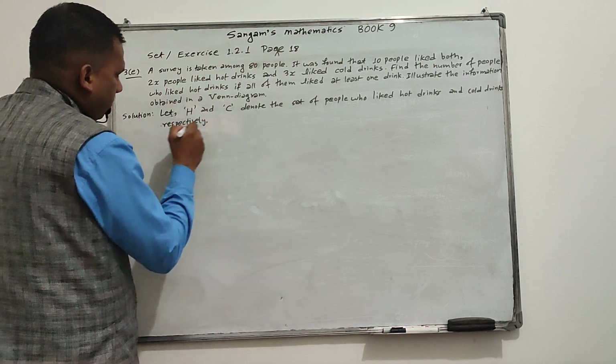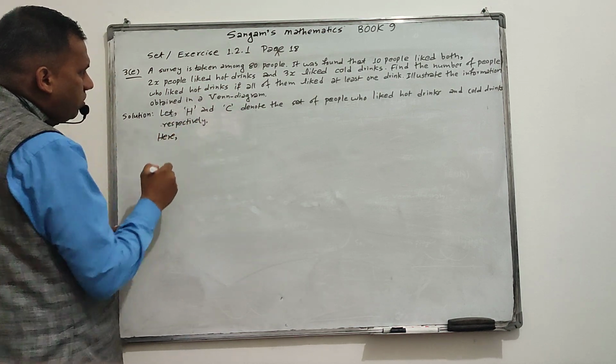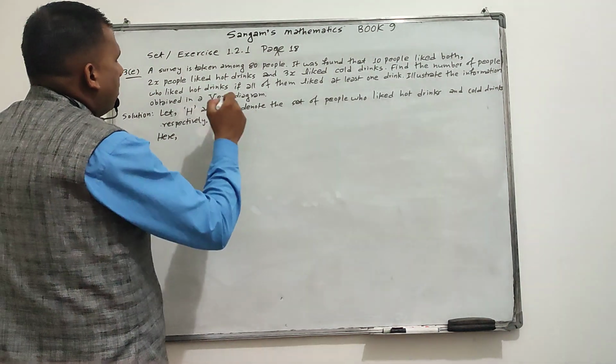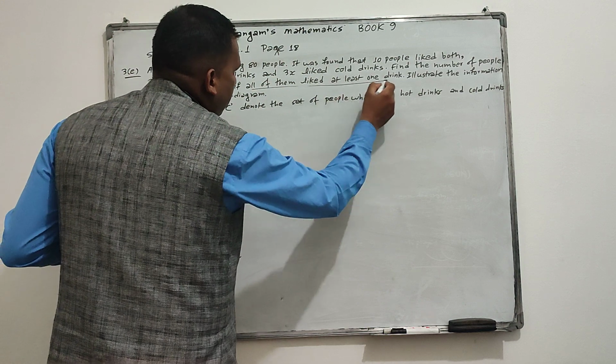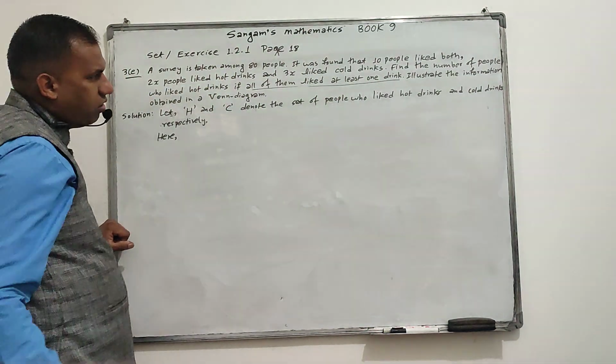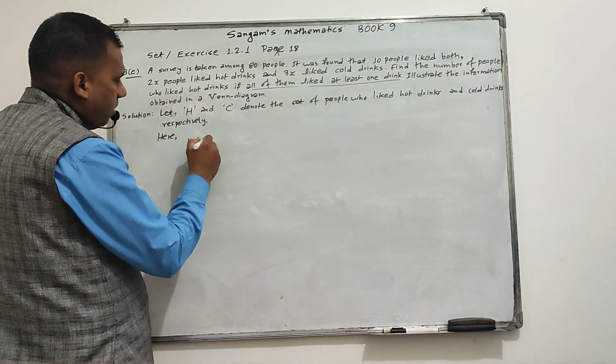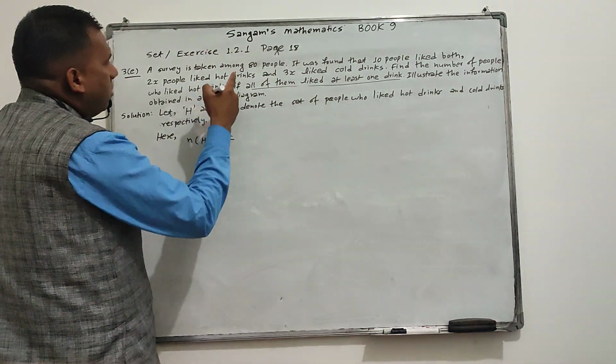Here in the question, all of them like at least one thing, that means no complement parts, so number of S union C equal to 80.